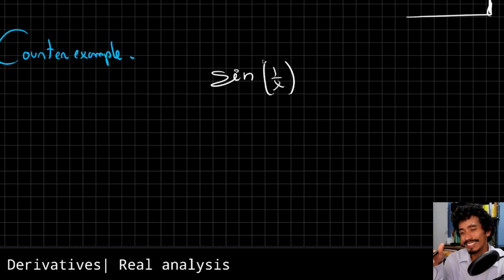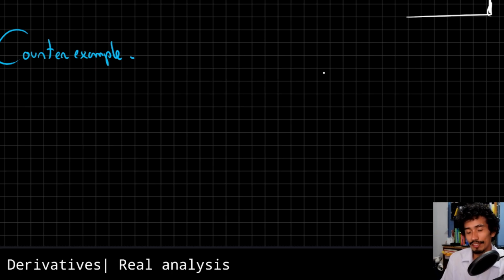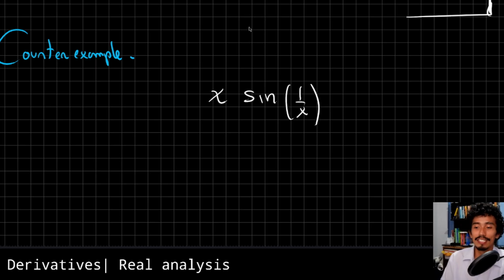But sometimes this function is not enough. It's not quite the property that we need to show, and so we put an x beside our sine of the inverse of x.